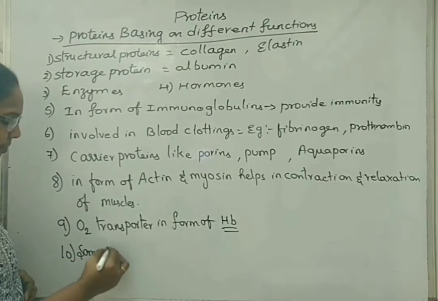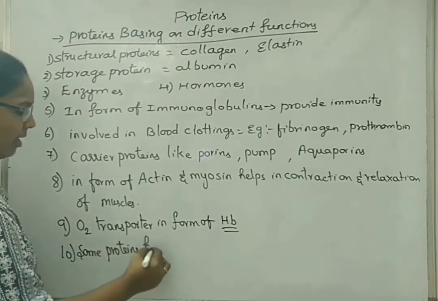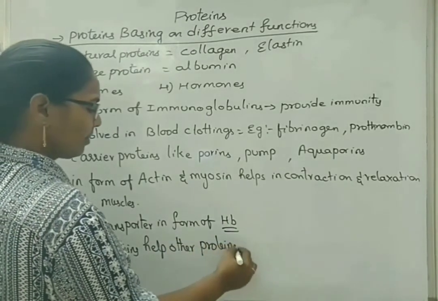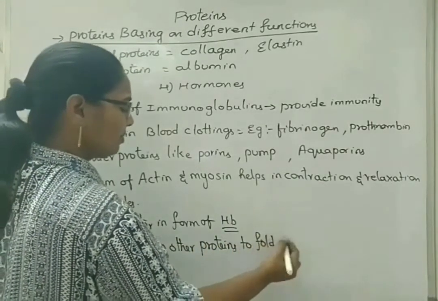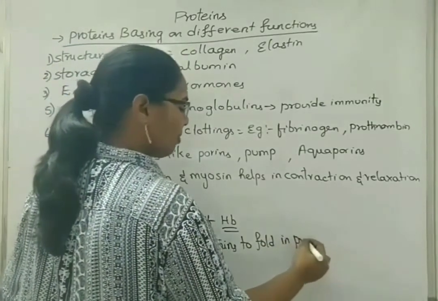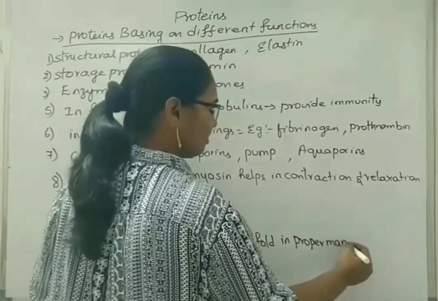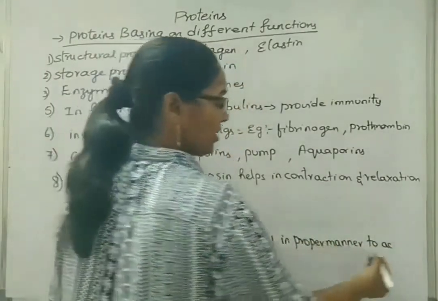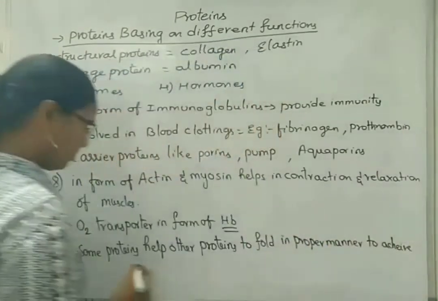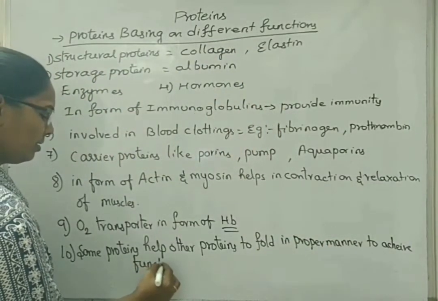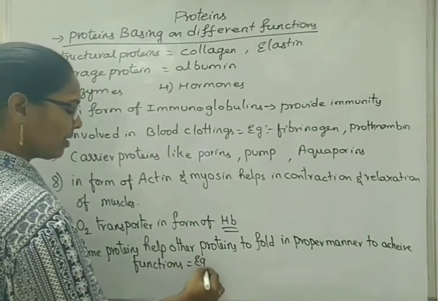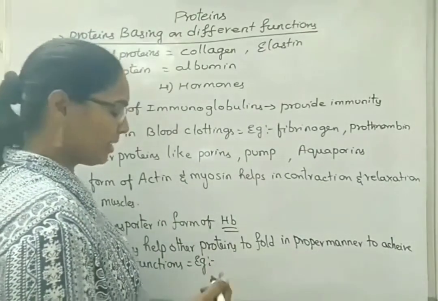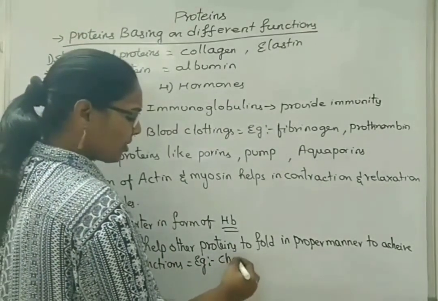Some types of proteins help other proteins to fold in a proper manner to achieve functions, means functional capacity. Those proteins which support other proteins to form into 3D forms, etc., are called chaperones.